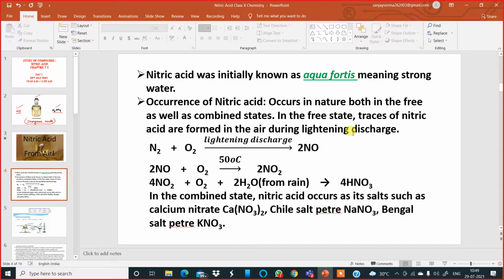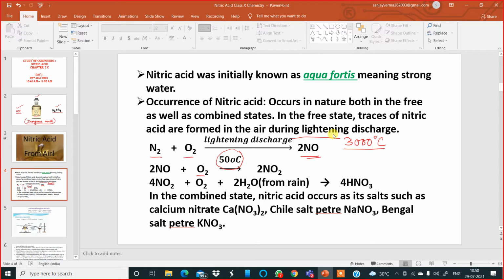During this natural lightning discharge, the gases nitrogen and oxygen combine to form colorless nitrogen monoxide gas. This colorless nitrogen monoxide gas further combines with oxygen of the atmosphere at a lower temperature, 50 degrees Celsius. Please note that during lightning discharge, the temperatures reach beyond 3000 degrees Celsius. It is at this temperature only that nitrogen and oxygen gases will combine.